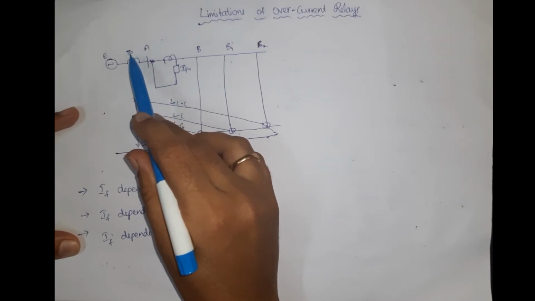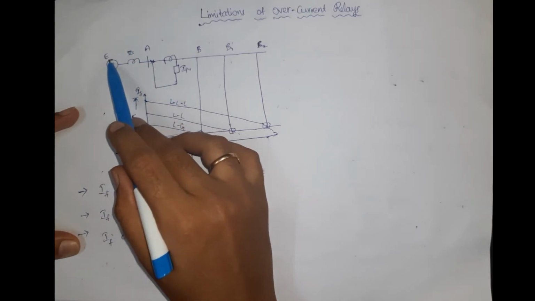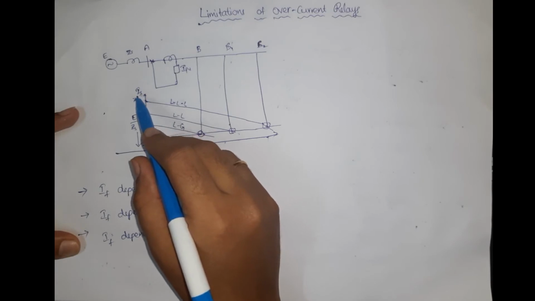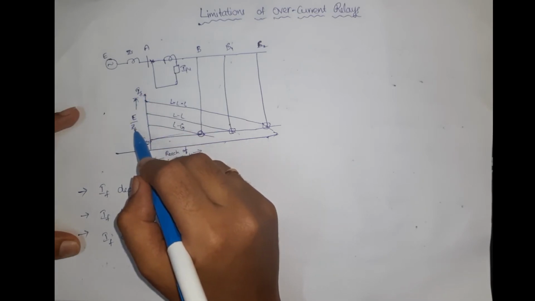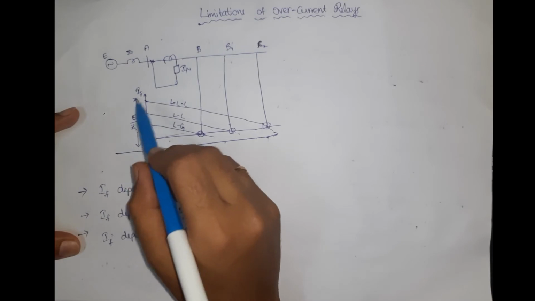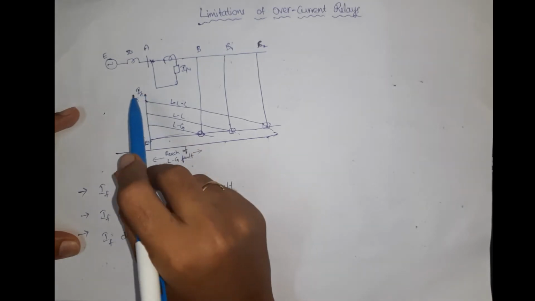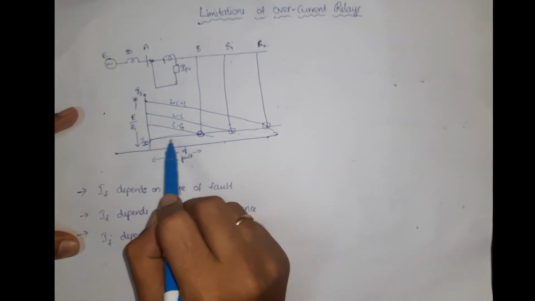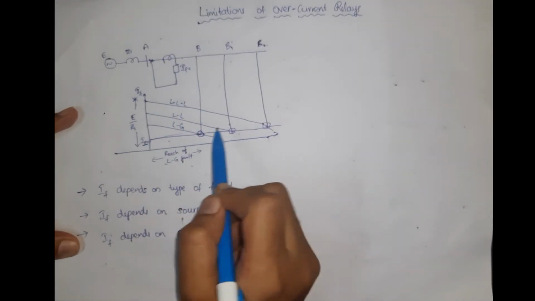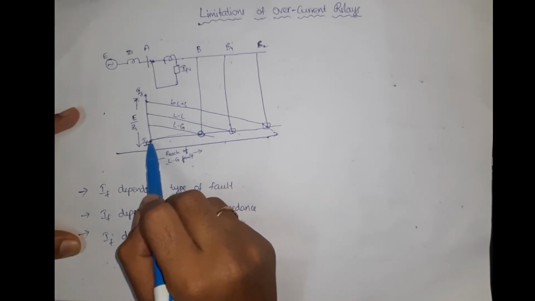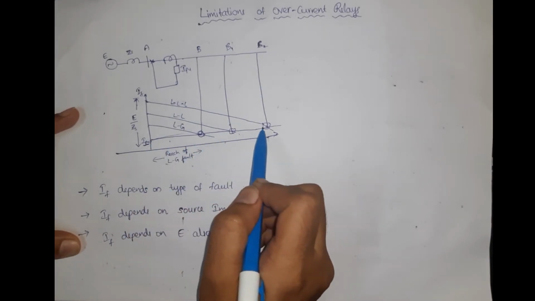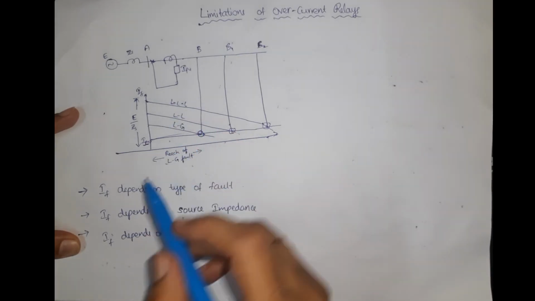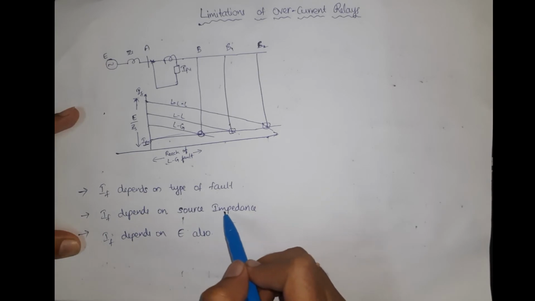If the source impedance is variable and the generated EMF is constant, the fault current still changes. If the fault current changes, the intersection of the fault current line with the pickup value also changes, so the distance up to which the relay operates varies. So we can conclude that IF depends upon the source impedance also.